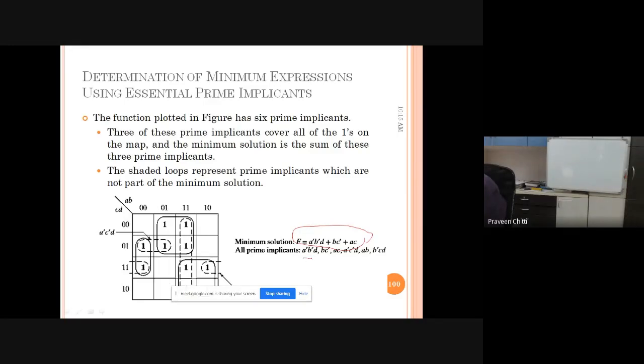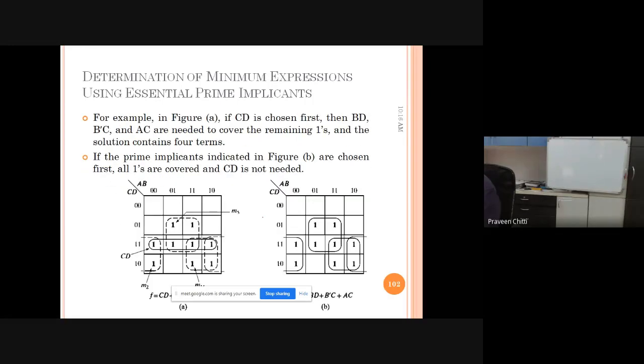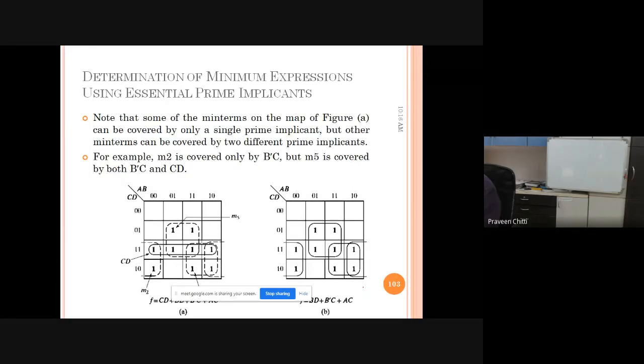So all the groups you form, whether they are required or not, are called prime implicants, and only those required to get the minimum SOP solution are called essential prime implicants. I hope it is clear. Here also it is shown which are essential and which are other prime implicants.